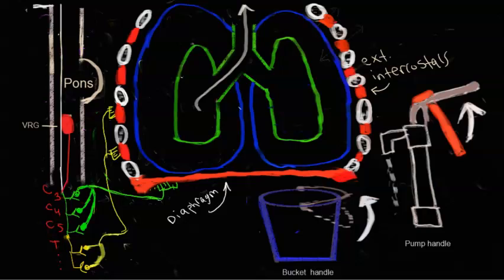And as I discussed last time, we have the visceral pleura attached to the lungs, the parietal pleura in blue, and the pleural space or pleural cavity in between, which contains pleural fluid, preventing the two surfaces from rubbing against each other.